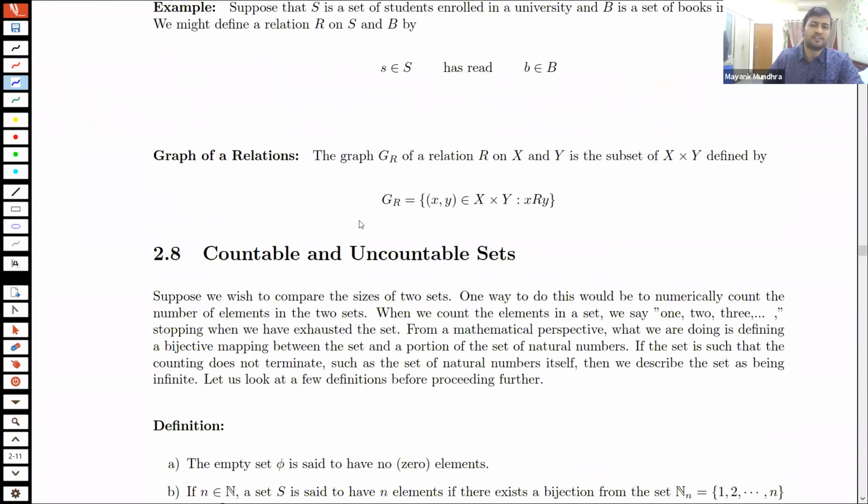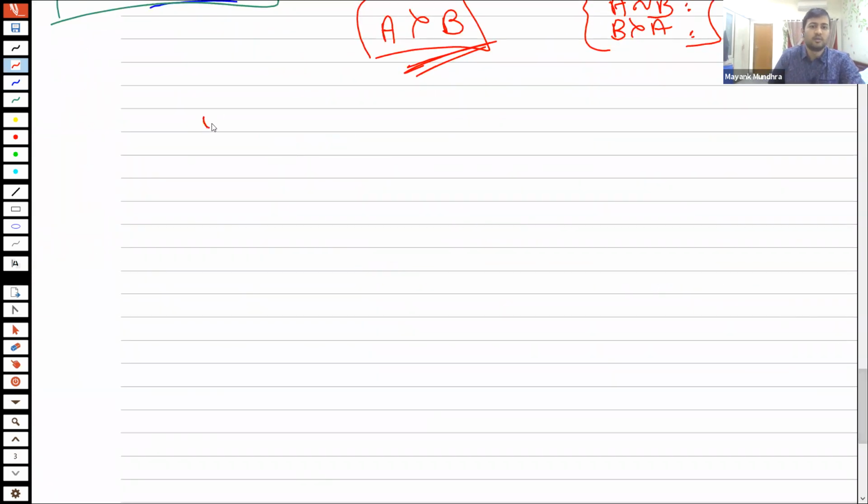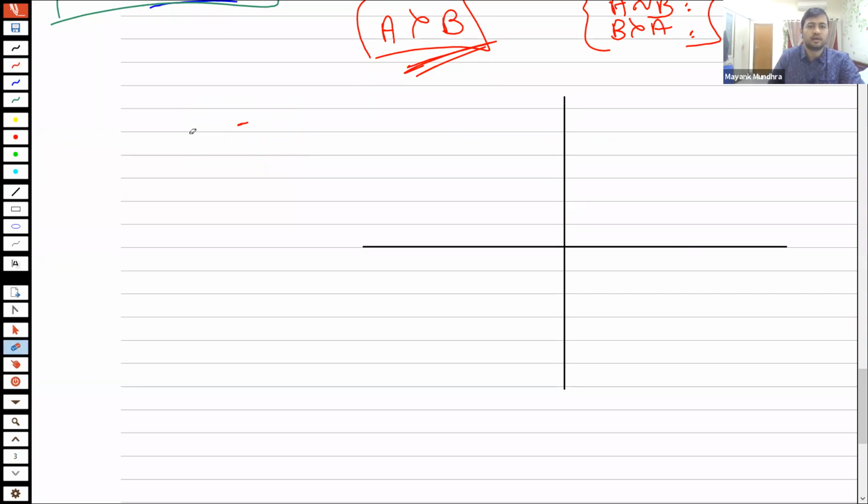Okay, so you can also graph relationships. The graph of a relationship is basically all the points x, y so that x R y is true. So suppose I ask you to plot x square plus y square equals 1. That is the equation of a circle, right?